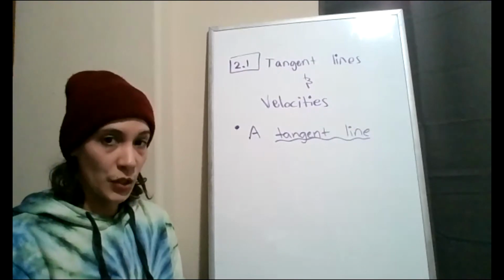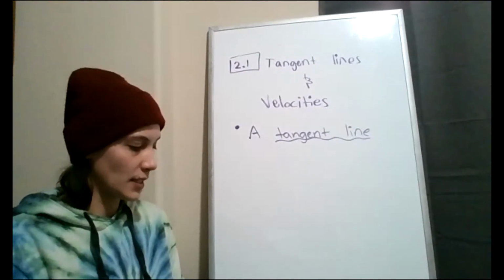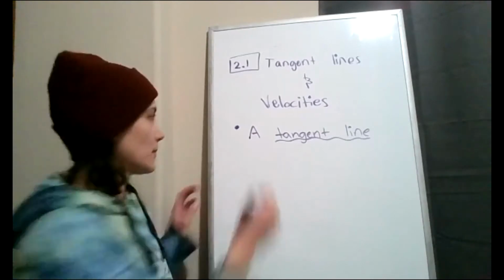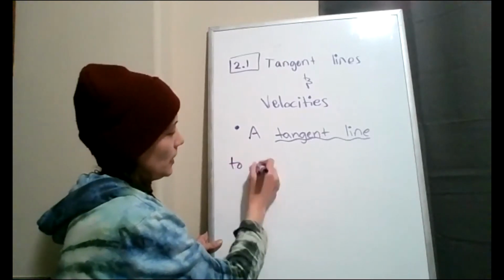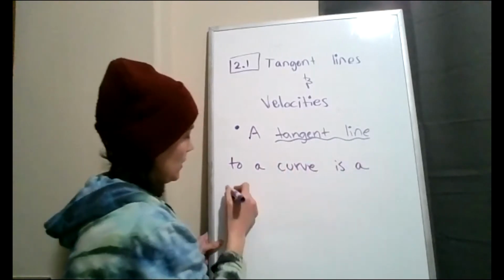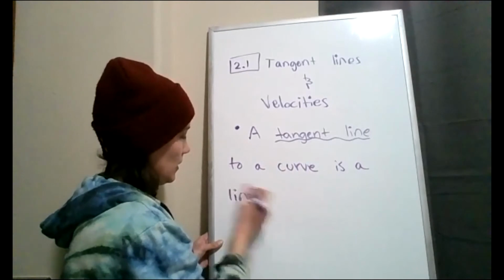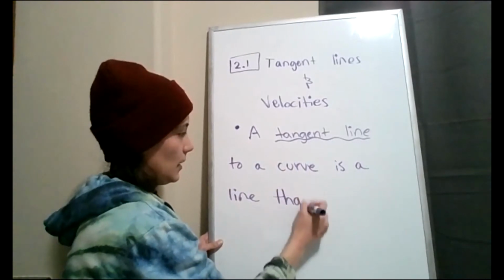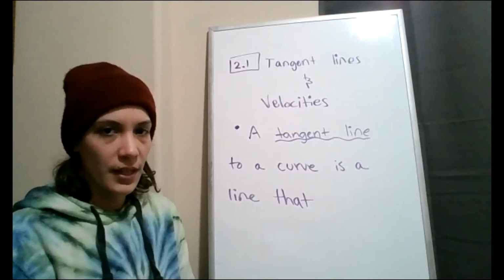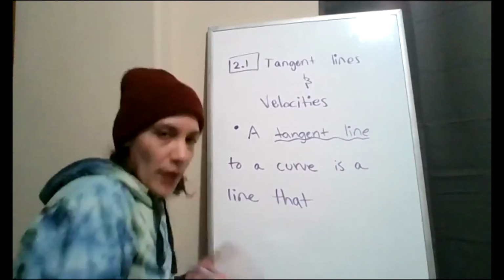A tangent line to a curve at a point is a line that models the behavior of the curve right at that point.